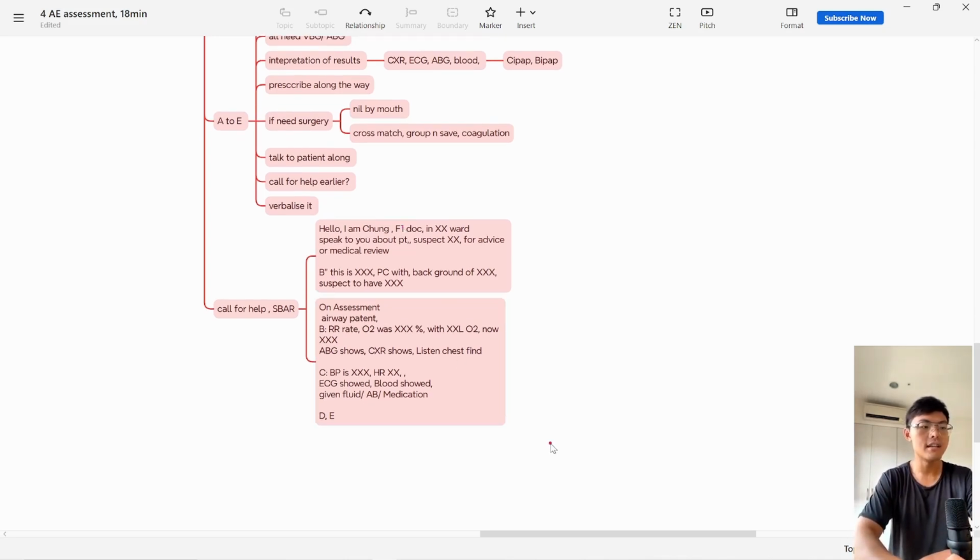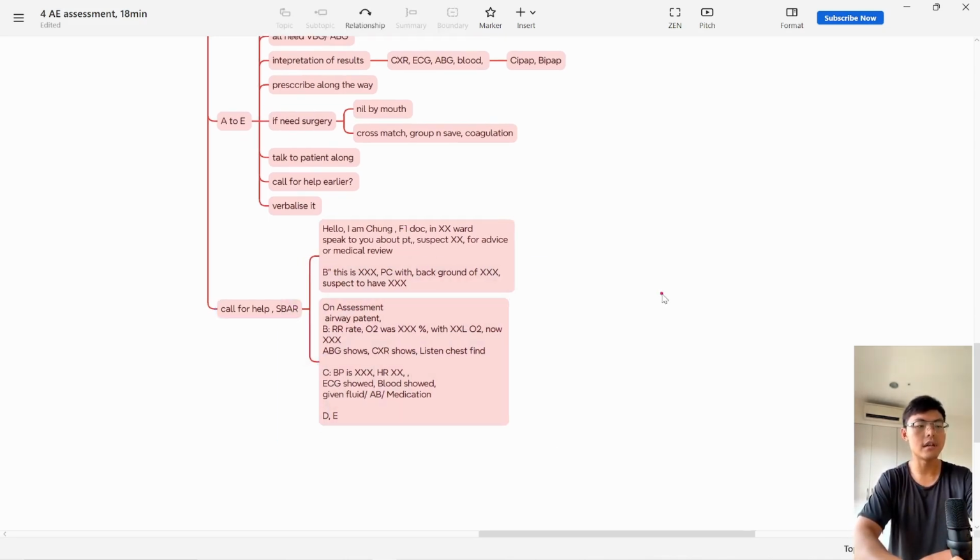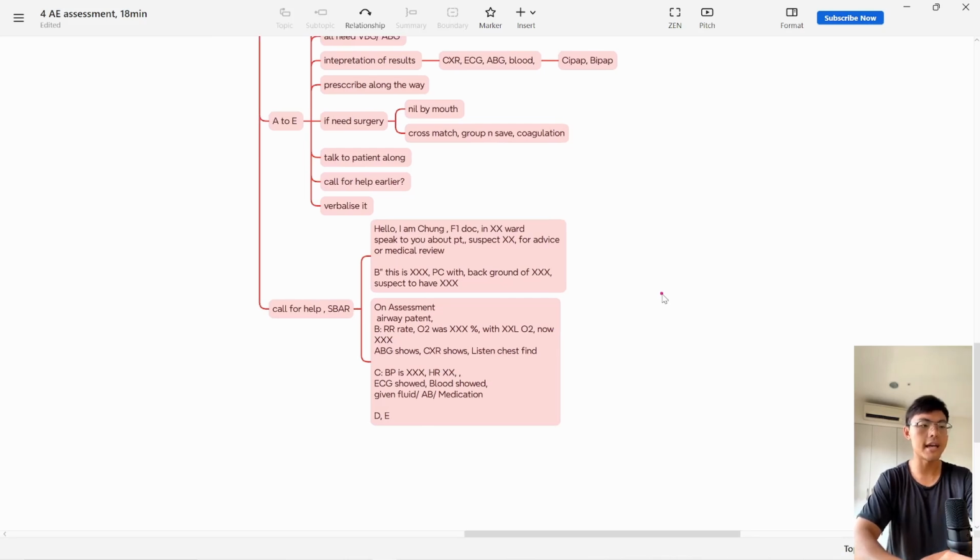And finally, the part that I wasn't really good at was the call for help, so the SBAR system. So now this is the structure of how I call for help. So pick up the call, you say, hello, my name is Chris Chong, F1 doctor, I'm in A&E ward. So if you're in A&E ward, you call the A&E reg.